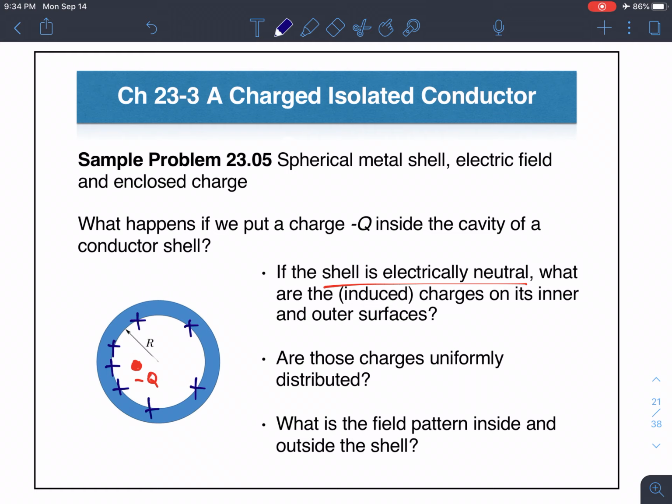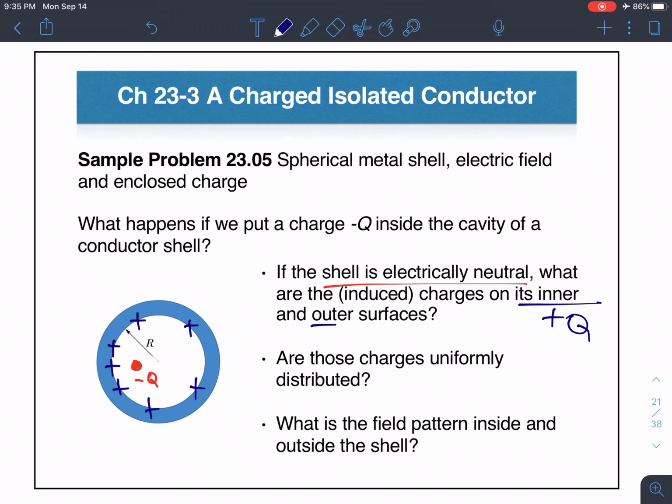The total charge on the inner surface is going to be the same amount as the one inside the cavity, which is going to be positive Q. So the inner surface will have positive Q because we are placing a negative Q inside. Whatever you place inside, the inner surface of that shell is going to have the same amount but opposite sign, because they are attracted to each other.